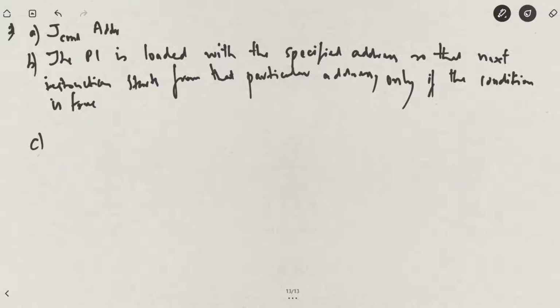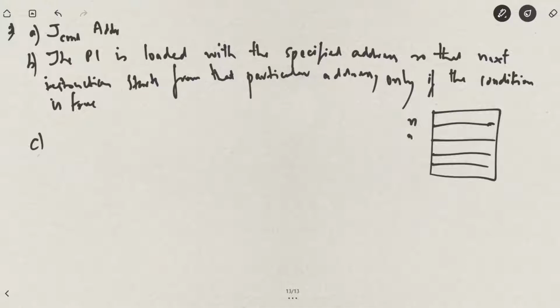So say, for example, these are our memory locations: this is n, this is n plus 1, this is n plus 2, this is n plus 3.